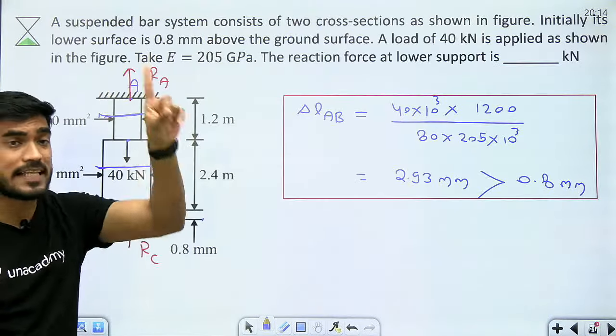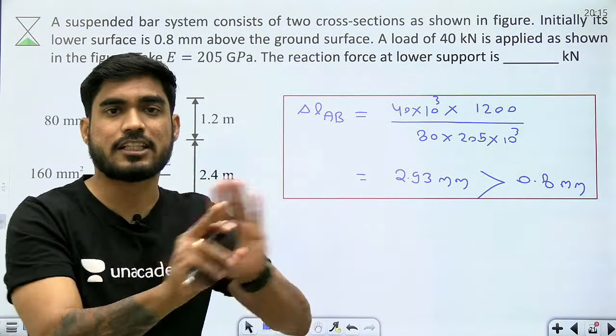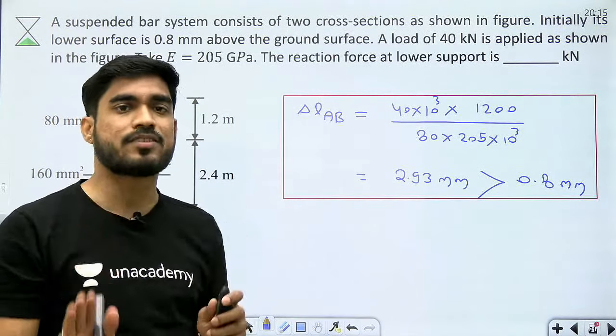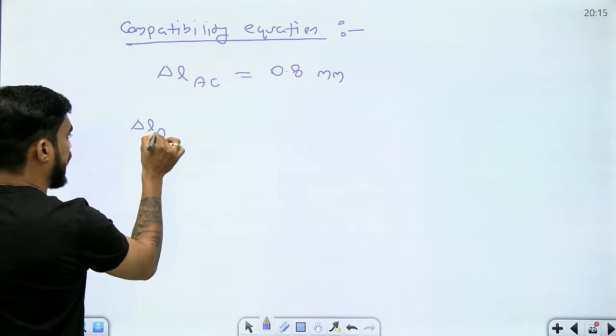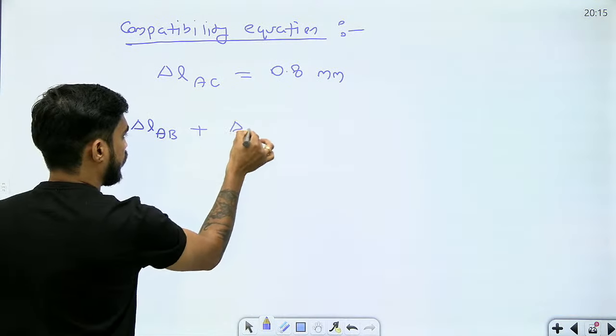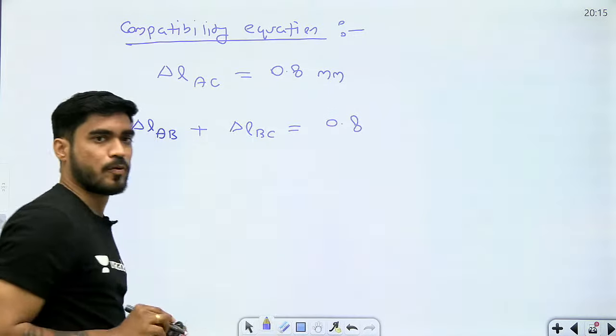But now there will be a change in length of 0.8 mm. After 0.8 mm, your change in length will become 0. So maximum change in length will be 0.8, and this will be equal to delta L of AB plus delta L of BC equal to 0.8.